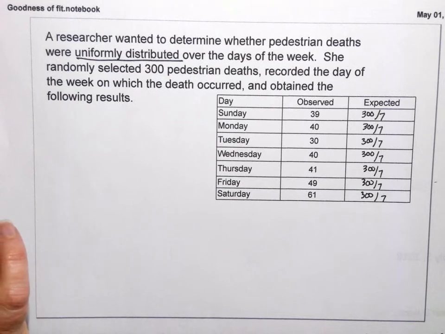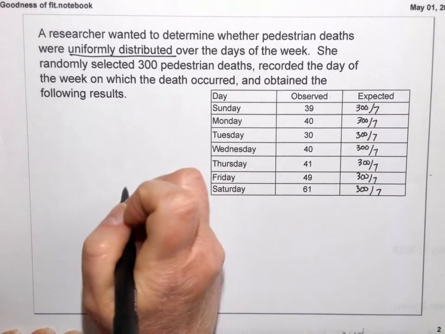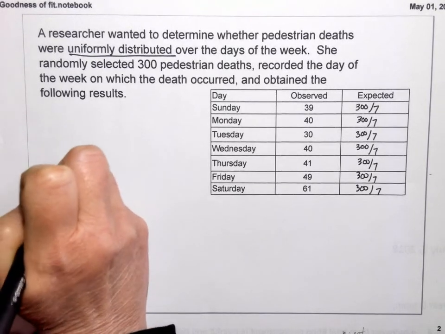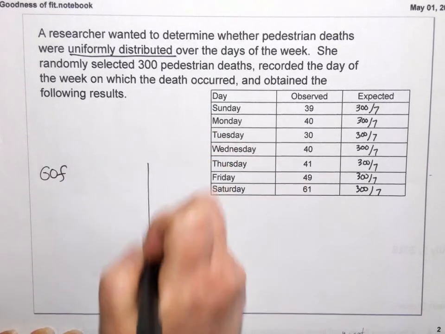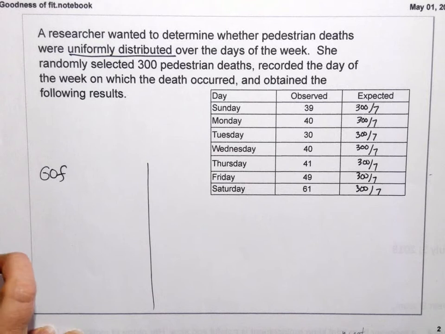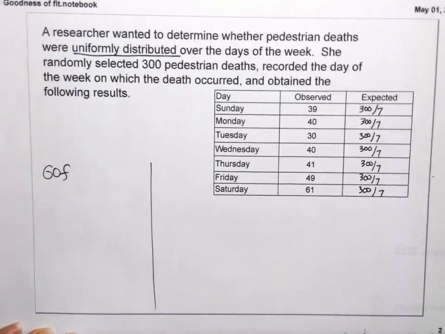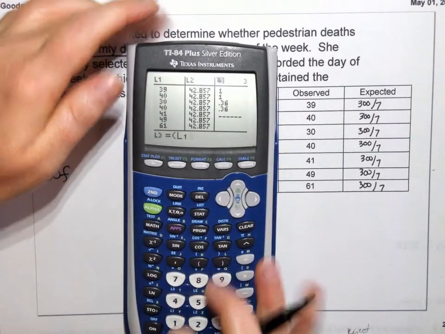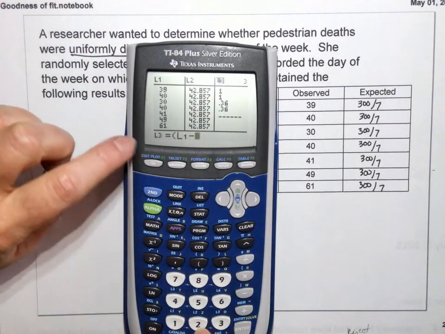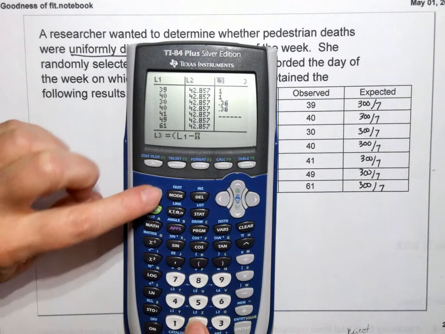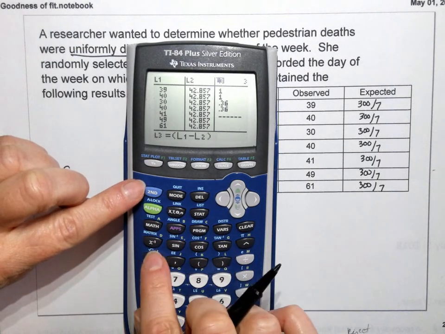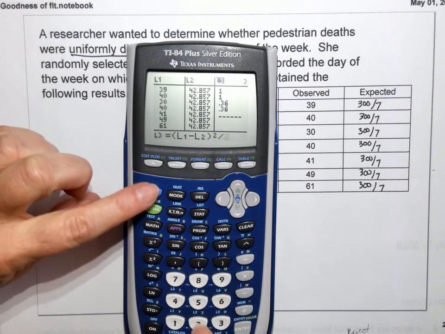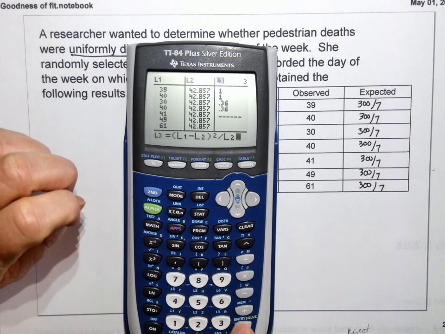Okay, so now, TI-84 people, go ahead, you're doing the goodness of fit test. My 83s, while I'm here, I'm going to go ahead and type in my formula, and that is parenthesis L1, minus L2, closed, squared, divided by L2, enter.